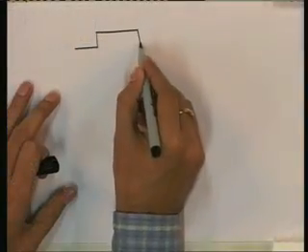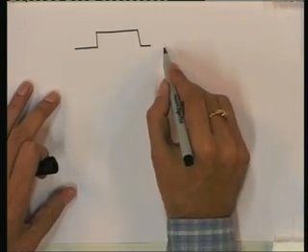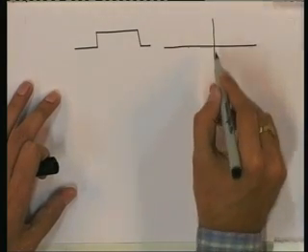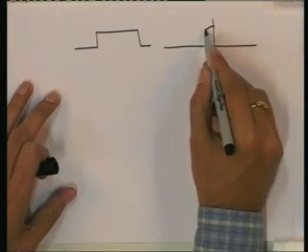So we have seen that, for example, if we take this pulse for baseband PAM, we get one spectrum like this.